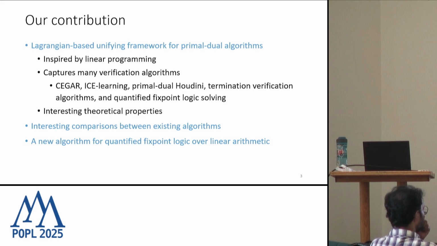And it kind of reveals some interesting comparisons between existing algorithms. And another contribution that we have in the paper is a new algorithm for solving quantified fixed point logic whose design was assisted by this framework. But in the talk, I'm mostly going to focus on the new framework and the perspective that it offers.